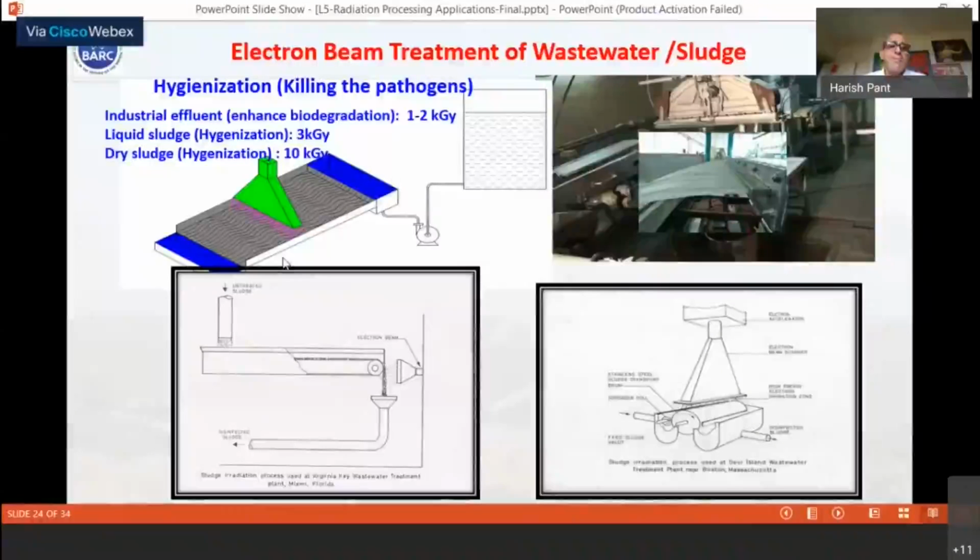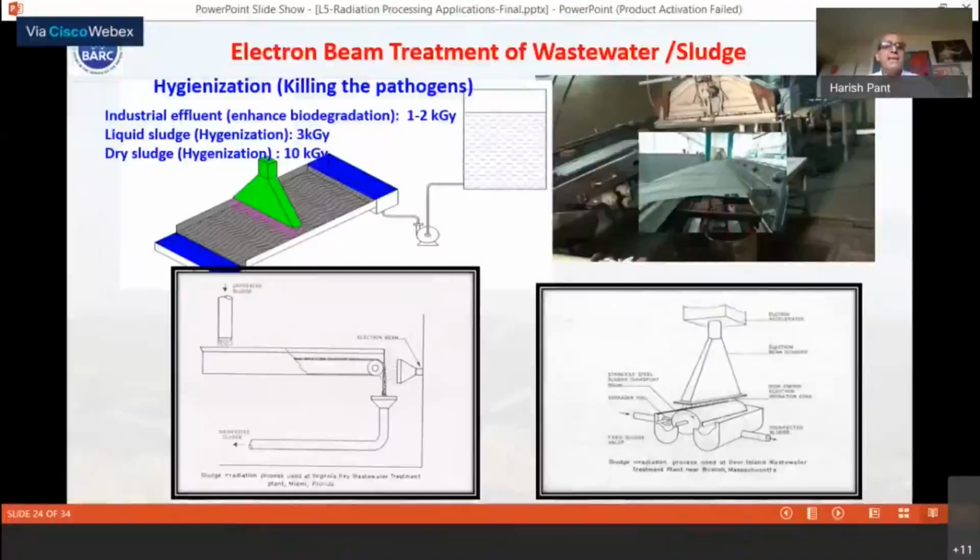And likewise, there is dry sludge. In addition to liquid effluents, dry sludge is also irradiated using radiation. A dose of 10 kilogray is usually used for the irradiation of the sludge, because sludge also contains a lot of pathogens and pathogenic materials.